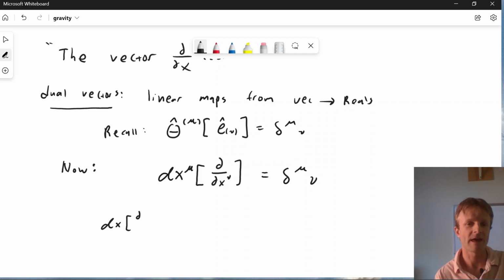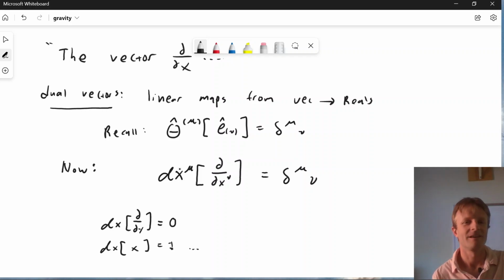And if I plug in the direction y, well, x doesn't change at all in the y direction. So that's why that's 0. And how fast does x change in the x direction? Well, unit speed, right? So if you like, just imagine I'm naming theta hat dx mu, but it really is the gradient of the coordinate functions.